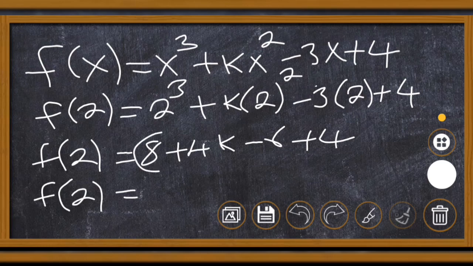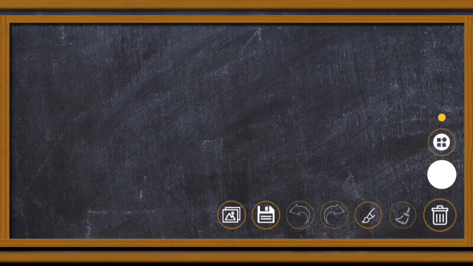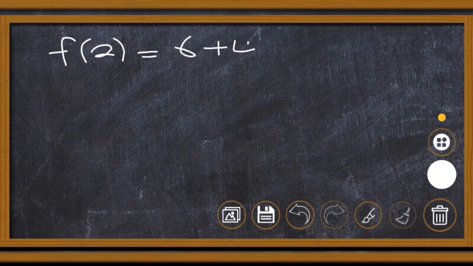Then negative 2 added to 8, we have positive 6. So it's going to be 6 plus 4k. Keep this information because it's going to be of help. So f of 2 equals 6 plus 4k.